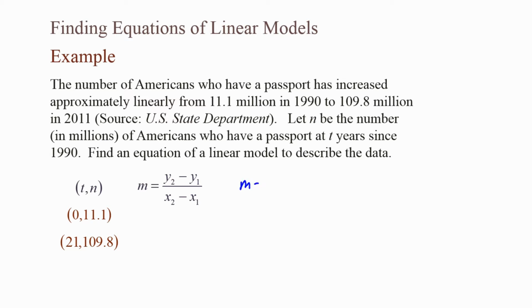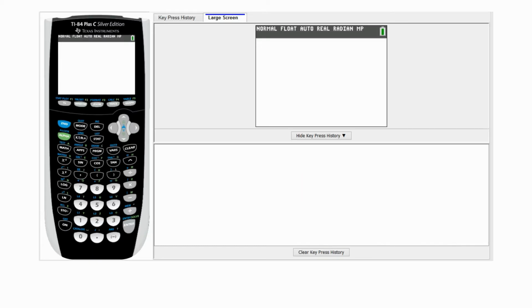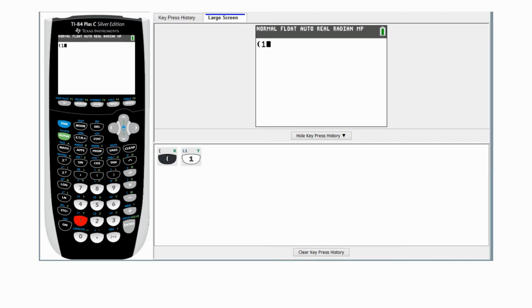So m equals (109.8 minus 11.1) divided by (21 minus 0). To calculate this, we want to start with an open parenthesis 109.8 minus 11.1 close parenthesis.